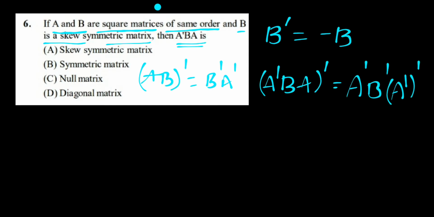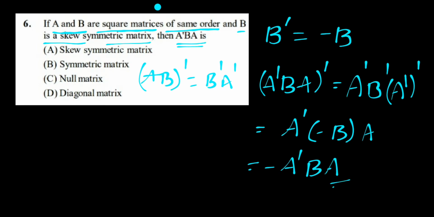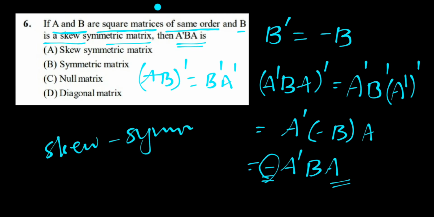That is nothing but A dash, B dash value is minus B, and A dash whole dash value is A. So finally what we got? Minus A dash B A. So getting negative is nothing but it is a skew symmetric matrix. So option A is the correct answer.